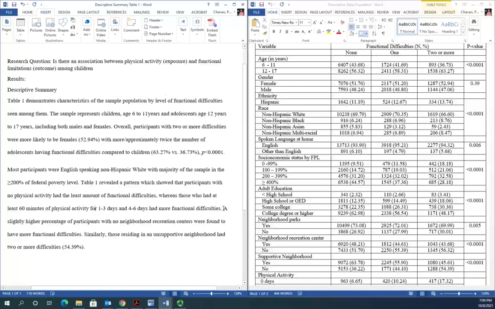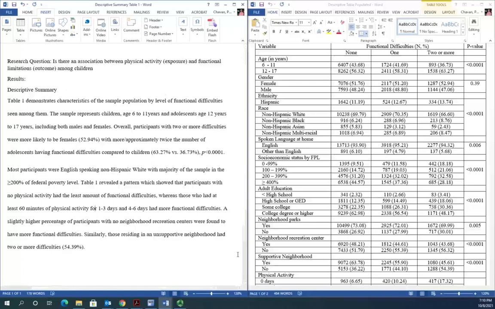So lastly, the last sentence that I'm writing here is, in the descriptive summary, a slightly higher percentage of participants with no neighborhood recreation centers were found to have more functional difficulties. So over here again, I'm describing the neighborhood recreation centers, which are basically my confounding variables. Similarly, those residing in an unsupportive neighborhood. You don't have to write that those who responded no to supportive neighborhood had more functional difficulties.